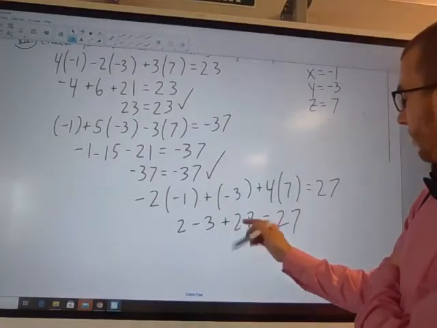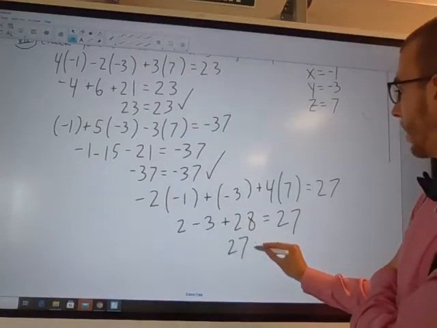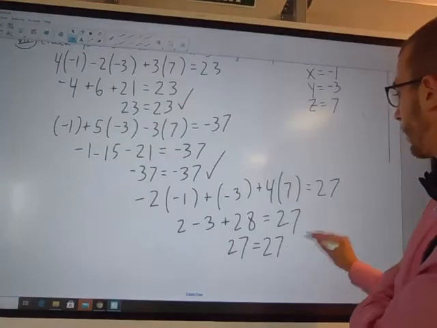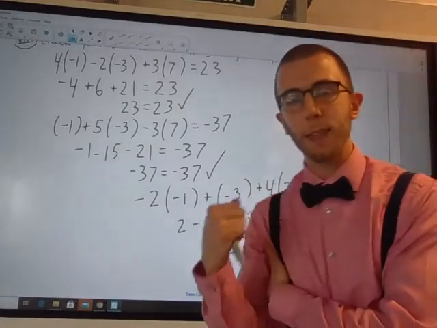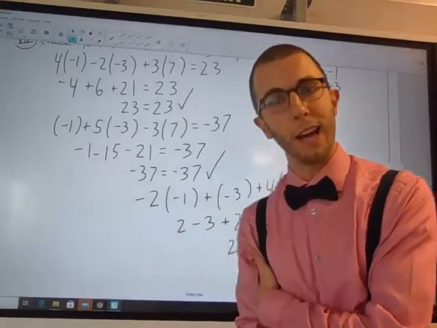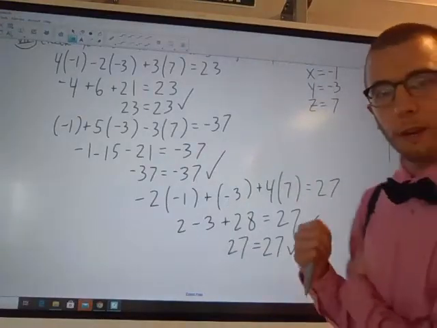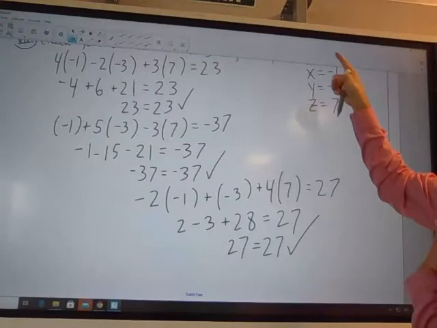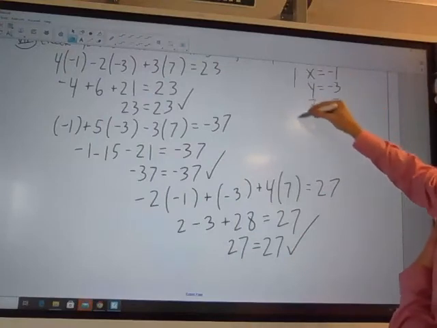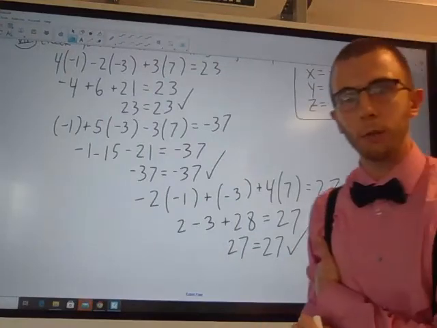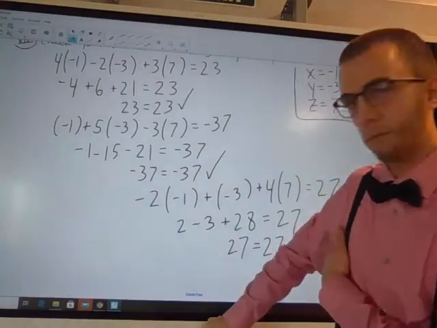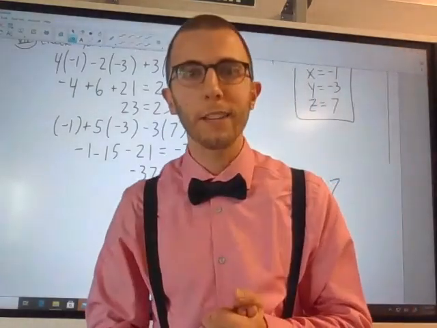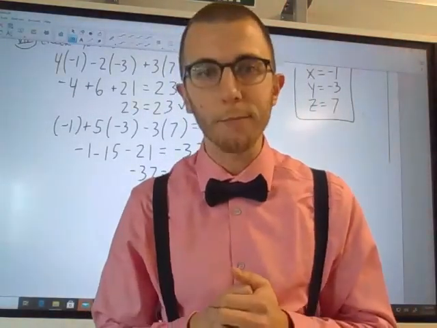So negative 1 plus 28 is 100% 27. So again, that third equation is satisfied by those three values of x, y, and z. So 3 checks mean that these solutions, these values are correct. Okay? And that's it. That's what we got.